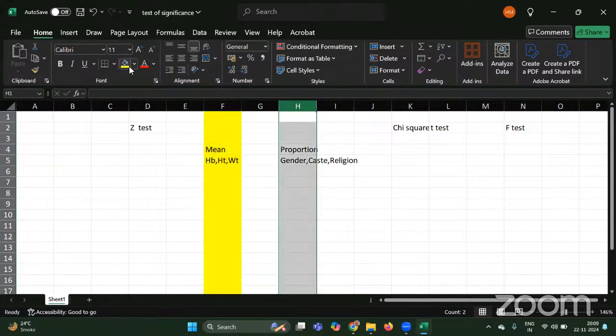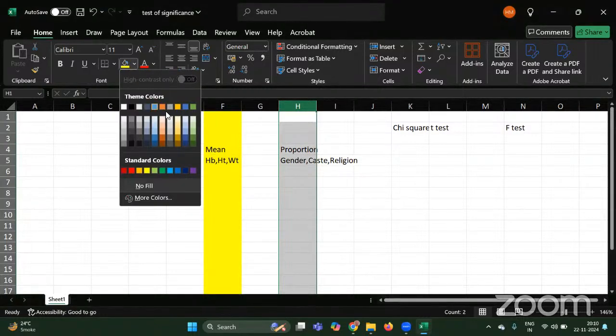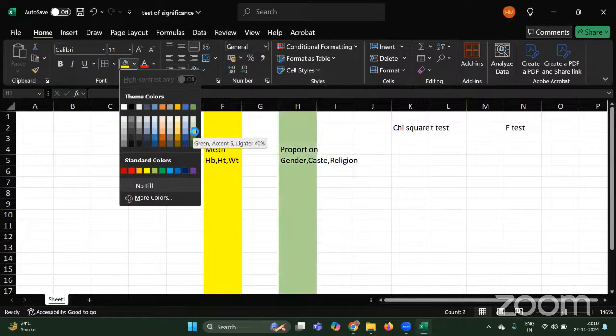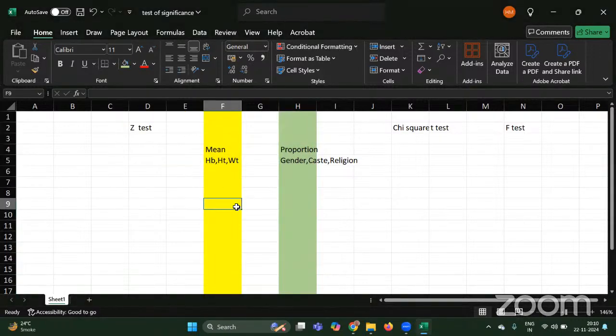So if a question is asked to you, for example, that there are two populations in which we want to compare hemoglobin, then you will be using the standard error of difference between two means. So the examples will be of three types.